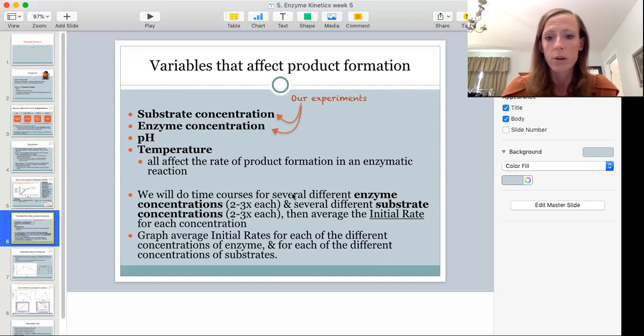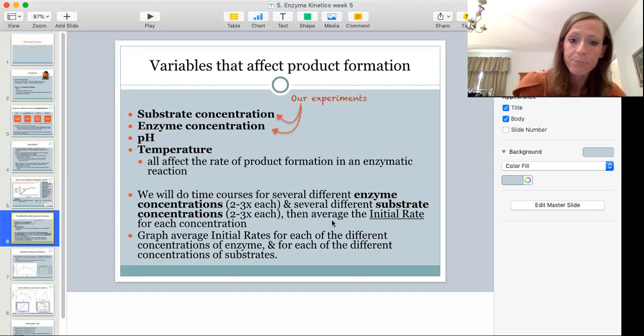We're going to do each of those different concentrations of enzyme 2 to 3 times and take the average. And then we're going to do each of the several different substrate concentrations 2 to 3 times, take the average, okay? The average initial rate is what we want for each of those conditions. And we're going to use that to create graphs. And then we can see the optimal conditions for the reaction to take place.